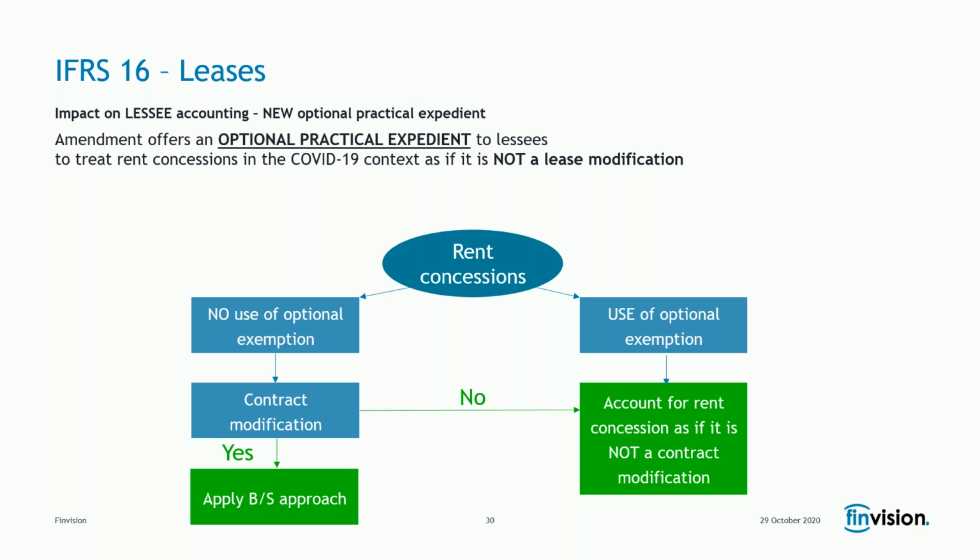Now, in fact, the amendment was published by the IASB before the half-year figures needed to be available. But in the EU, at 30/6/2020, the amendment was not yet endorsed by the EU.